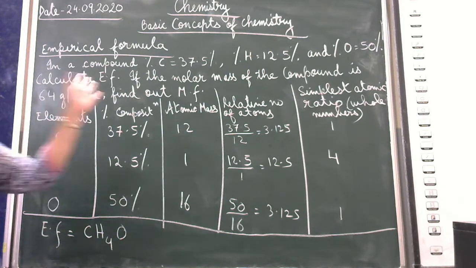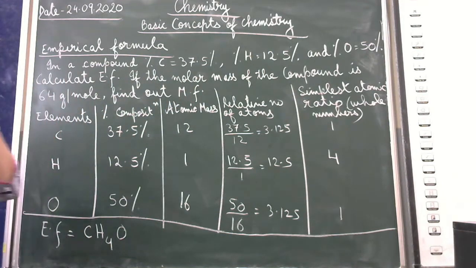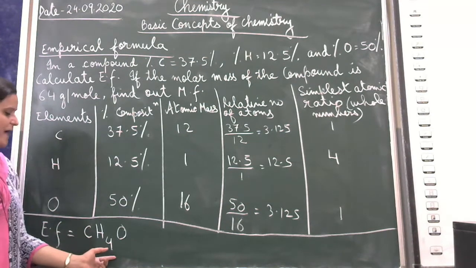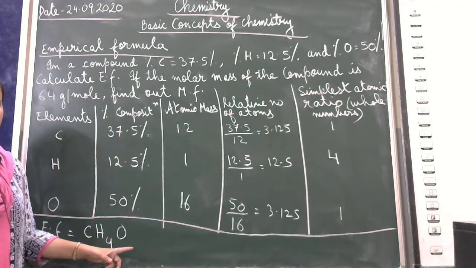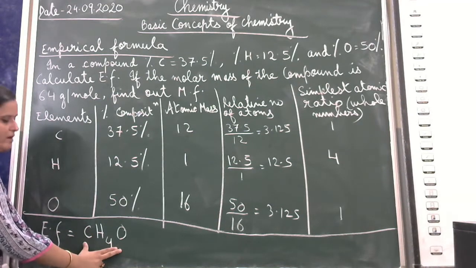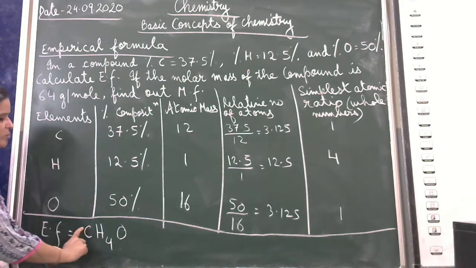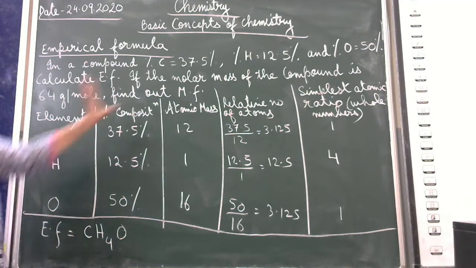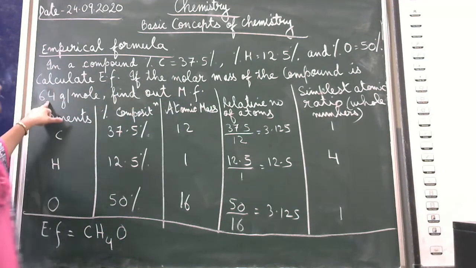Now, here what else we are going to do? See, the molar mass of the compound is given to you as 64. So, whenever the empirical formula is given, you can calculate the empirical mass. What do I mean by empirical mass? This is my empirical formula. Here I am going to add the atomic masses of these elements. Okay, I will get the empirical mass. And the molar mass is given to me as 64.